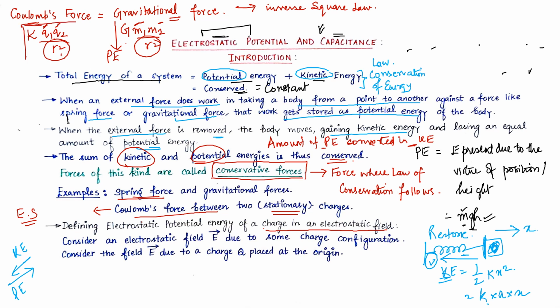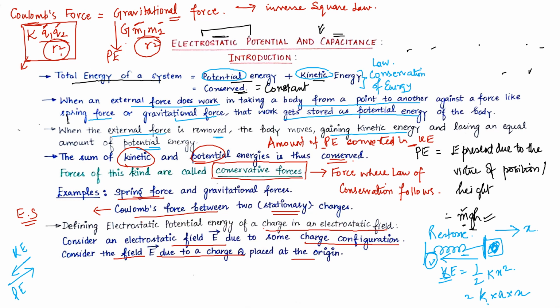Hence we can define electrostatic potential for Coulomb's law. Now consider an electrostatic field E due to some charge configuration. Consider the field E due to charge Q placed at the origin.